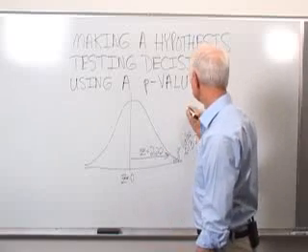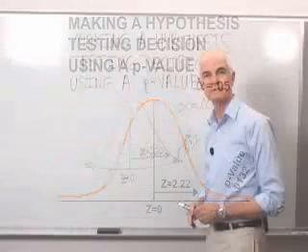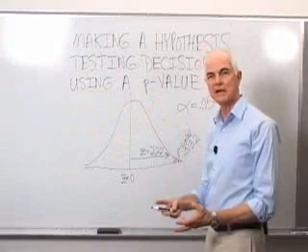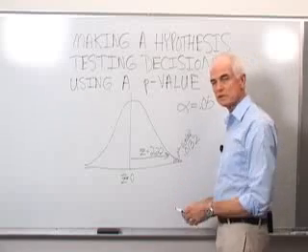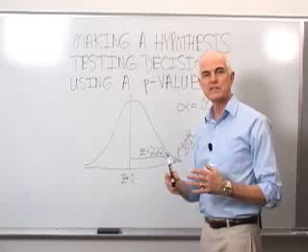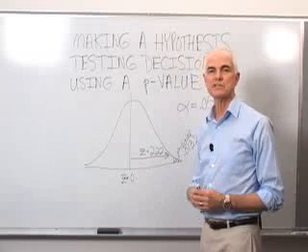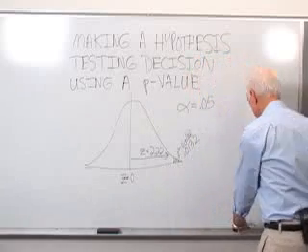Suppose alpha was 0.05 for this one-tailed problem. How would we make a decision about the null hypothesis using a p-value of 0.0132? Well, alpha, as you know, is the size of the rejection region and drives the location of the critical value. So let's draw that in.